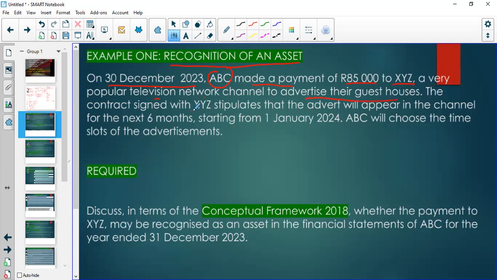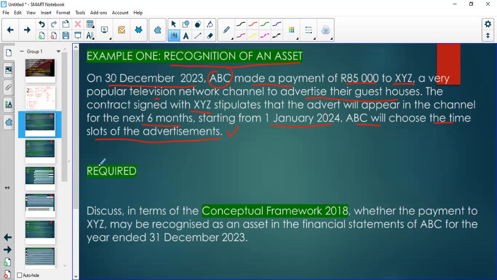Then they signed a contract that says that the advert will appear in the channel for the next 6 months, starting from 1 January 2024. ABC will choose the time slots of the advertisements. Okay, so that's the story. In other words, we refer to that as an economic phenomenon, or the story we have listened to.